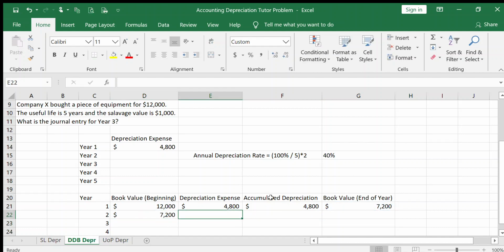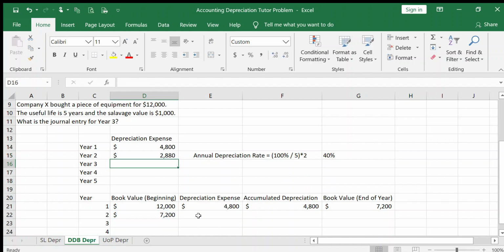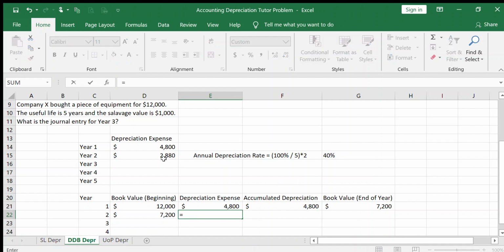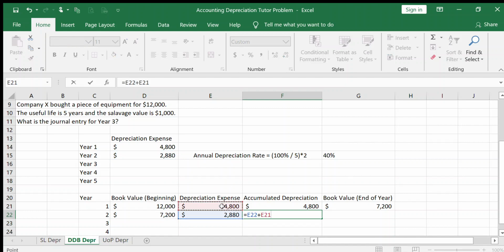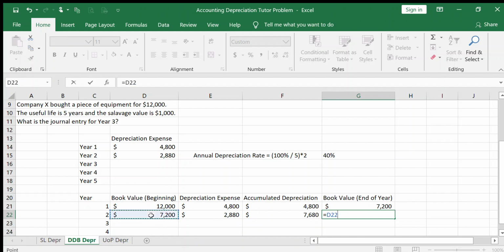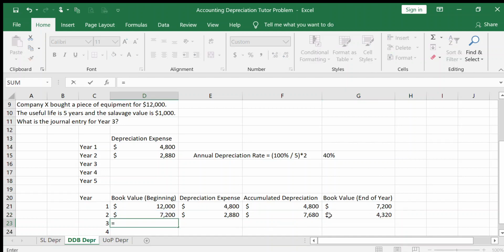We're going to follow the same process here. For year 2, we look at the beginning book value, which is 7,200, and multiply that by 40%. That gets us 2,880. We'll bring that down here. Our accumulated depreciation will be 2,880 plus our 4,800. Then we subtract our depreciation expense from our beginning book value again to get our book value for the end of the year. The end of year 2 becomes our beginning of year 3.